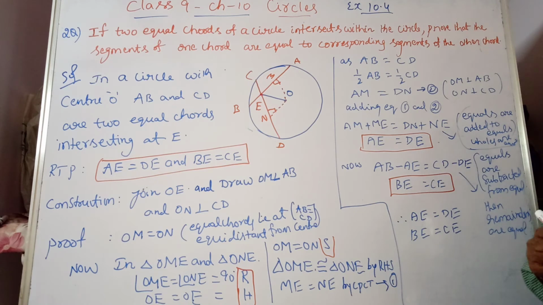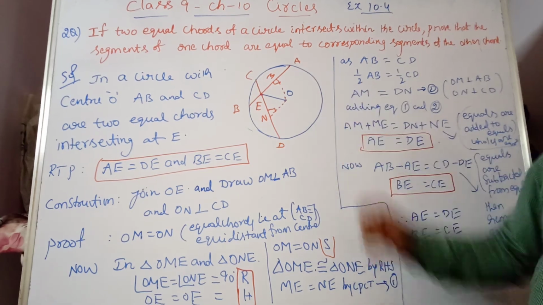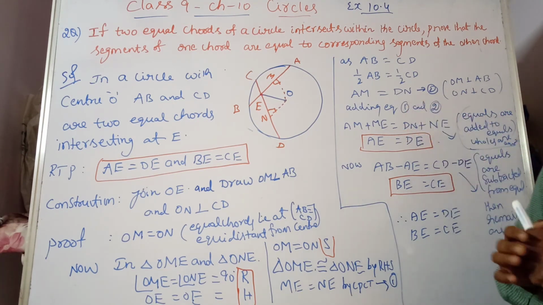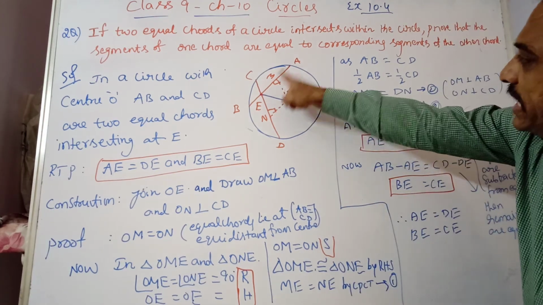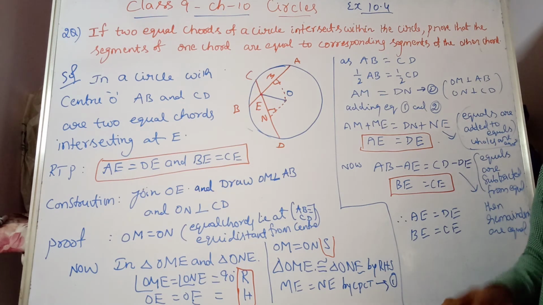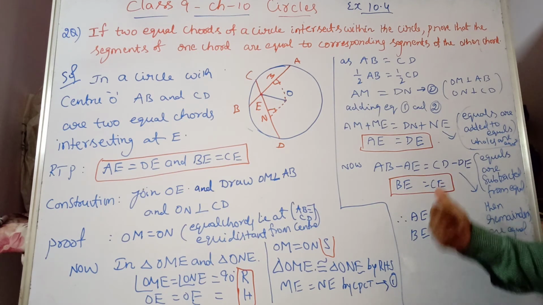I think it is clear to you how we are taking the segment when a perpendicular line from the center to the chord bisects the chord, it divides it into two equal parts. All these things we have discussed in the previous session. Is it clear, students?